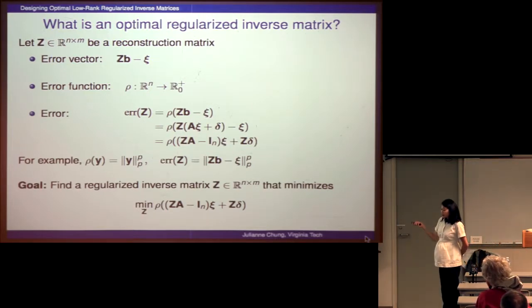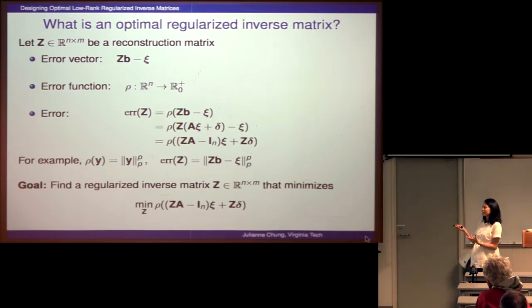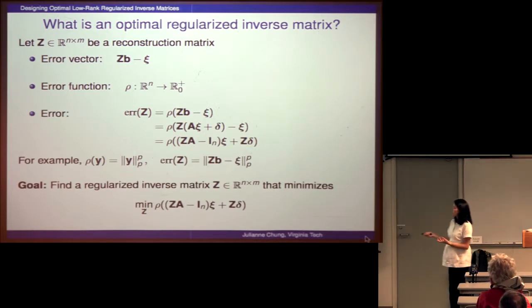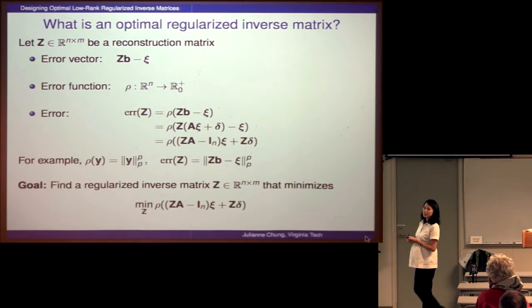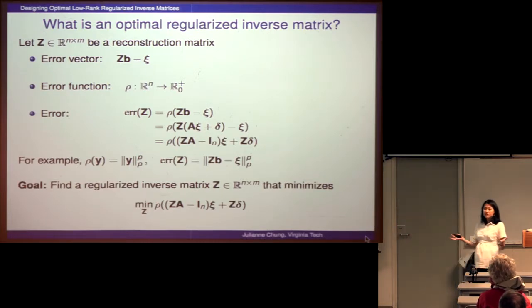Now, this is really hard because, like I said, the size of my problem is typically huge. If A is 65,000 by 65,000, that means my reconstruction matrix Z is also 65,000 by 65,000, and the number of unknowns is just too large. So you think, what can I do to reduce the number of parameters that I have to reconstruct?